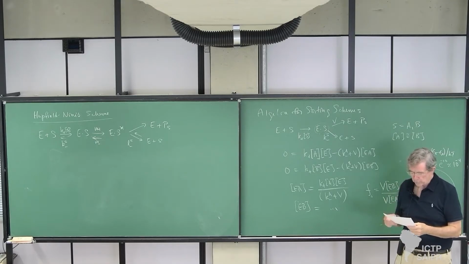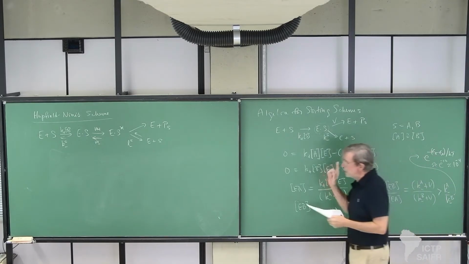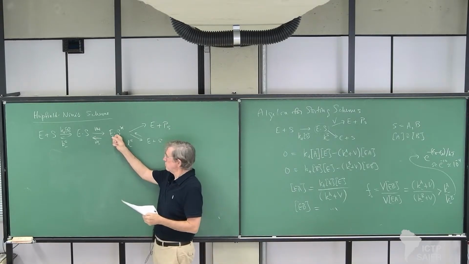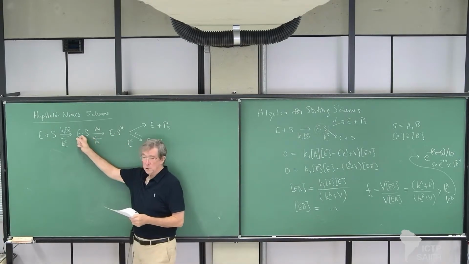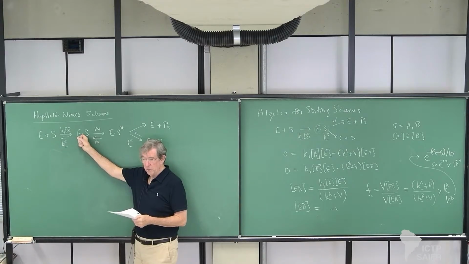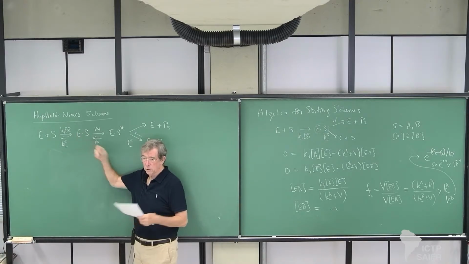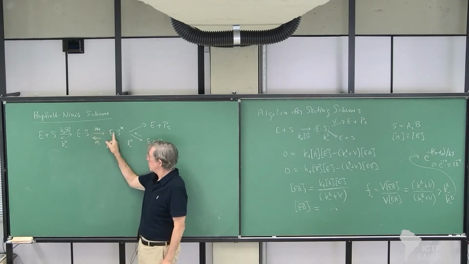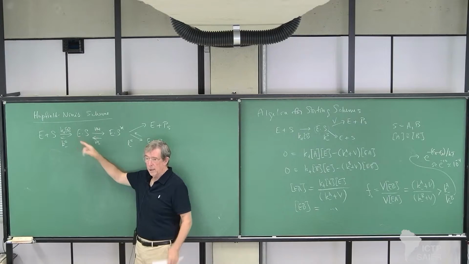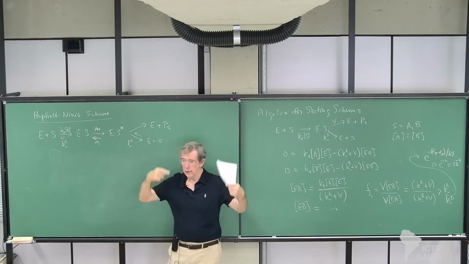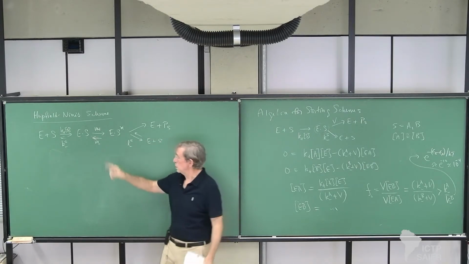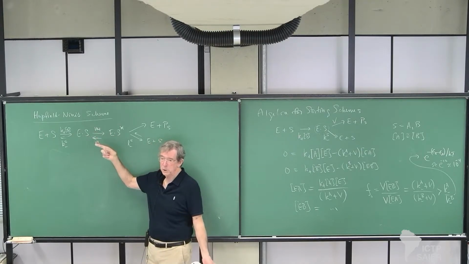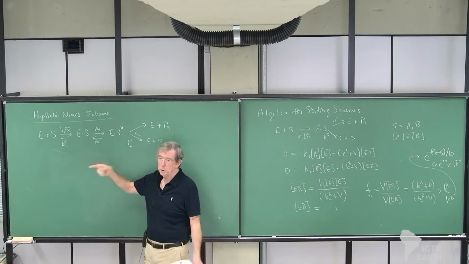I want to get the concentrations of the two states of the bound complex. I write down two equations, but each equation involves both of these guys. So I have one of these nasty things where I have two equations and two unknowns.